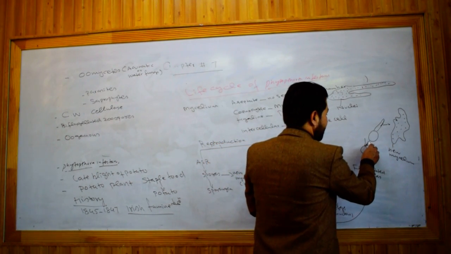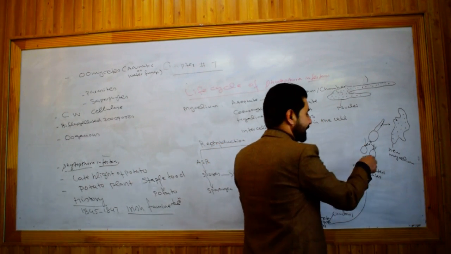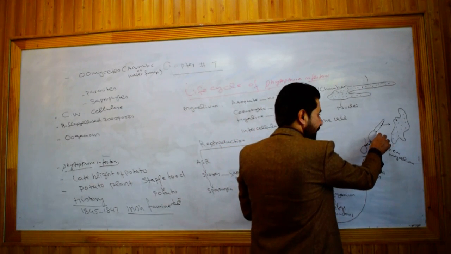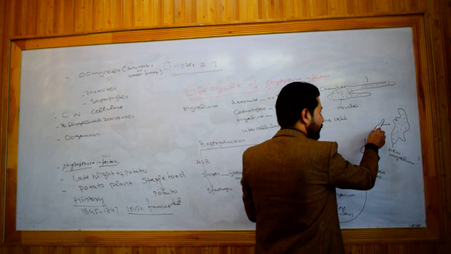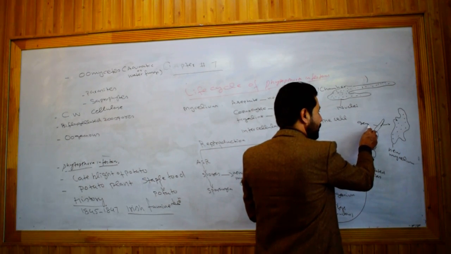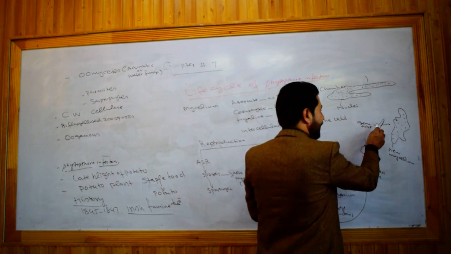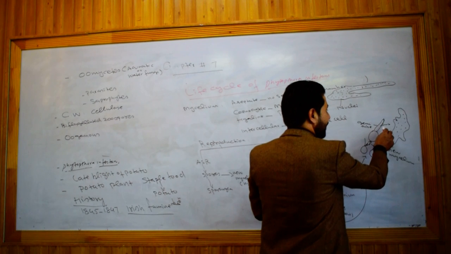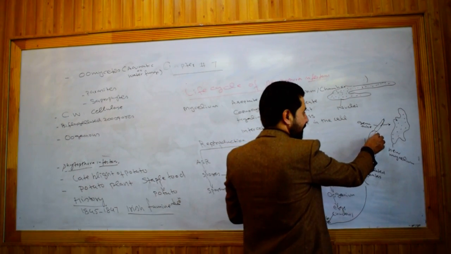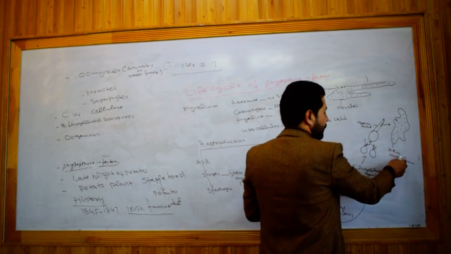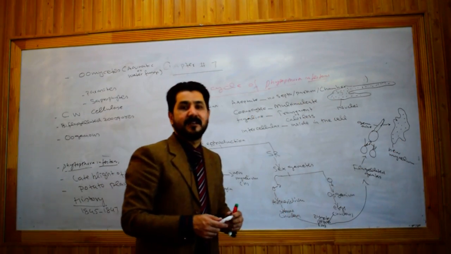After some time, they retract their flagella, take rest, then produce a germ tube, and then a new mycelium is produced from this germ tube, and in this way they repeat their life cycle.